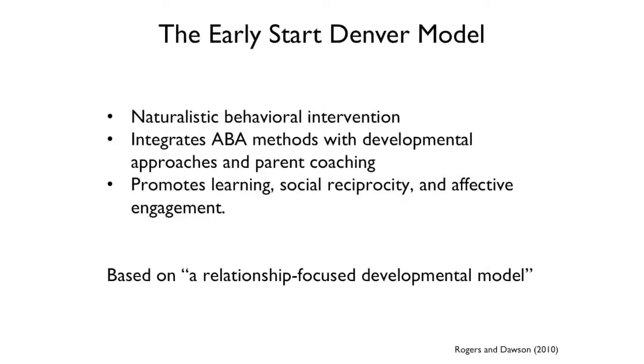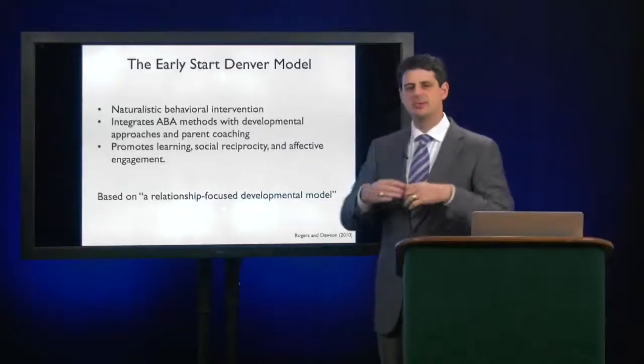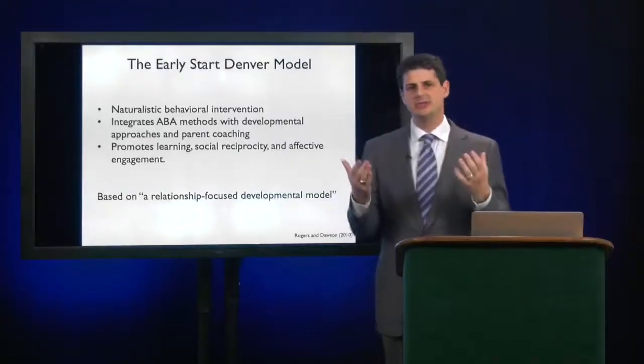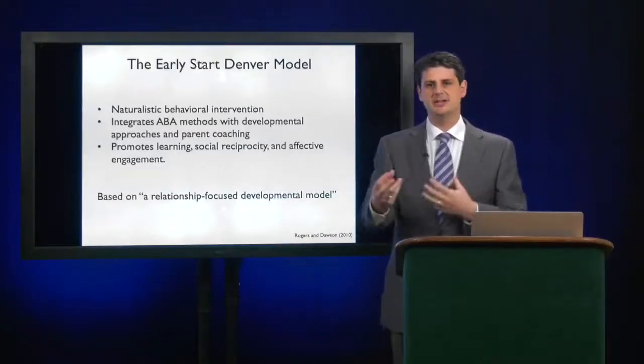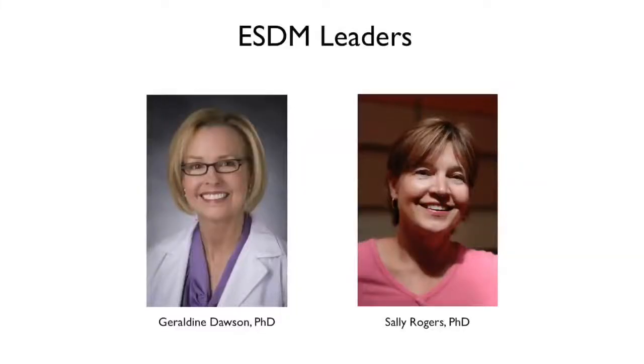We're going to see a video momentarily, and you'll see the therapist being very animated to draw the patient in with eye contact and interaction. The leaders of Early Start Denver model are Geraldine Dawson and Sally Rogers, and this clip that we're about to see now has Dr. Rogers featured, and we're going to take a look right now.